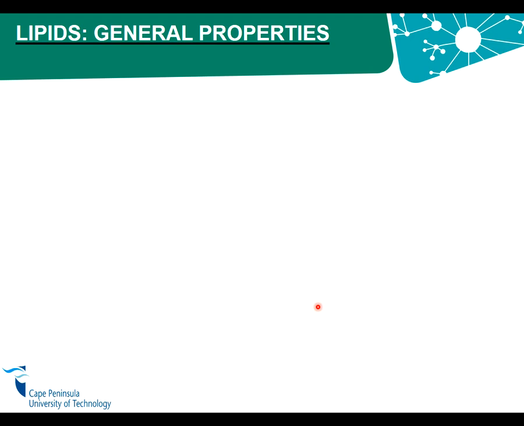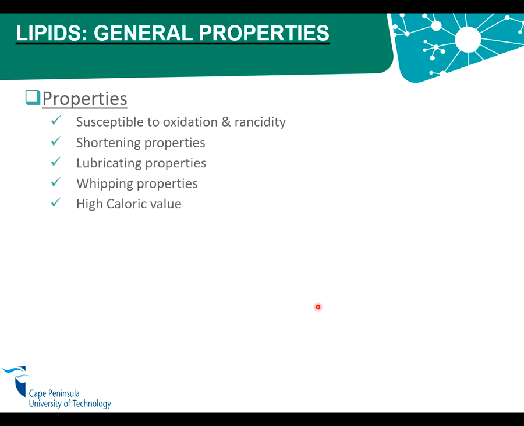So it is also important that we look at the properties of the oils. The properties of lipids in general is that they are susceptible or sensitive to oxidation, the uptake of oxygen, right? And this results in what we call rancidity. This class of compounds also has shortening properties, lubricating properties, whipping properties, and more importantly, lipids or fats and oils have a high caloric value.